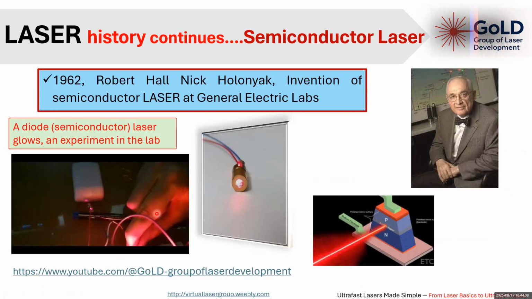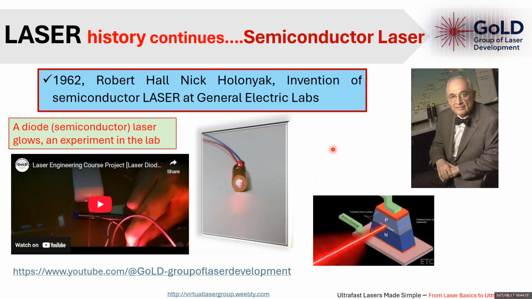Okay, so that was helium neon. And around 1962, the semiconductor laser, basically also a CW laser, was invented by Robert Hall. Some semiconductor lasers also exist which can emit pulses.